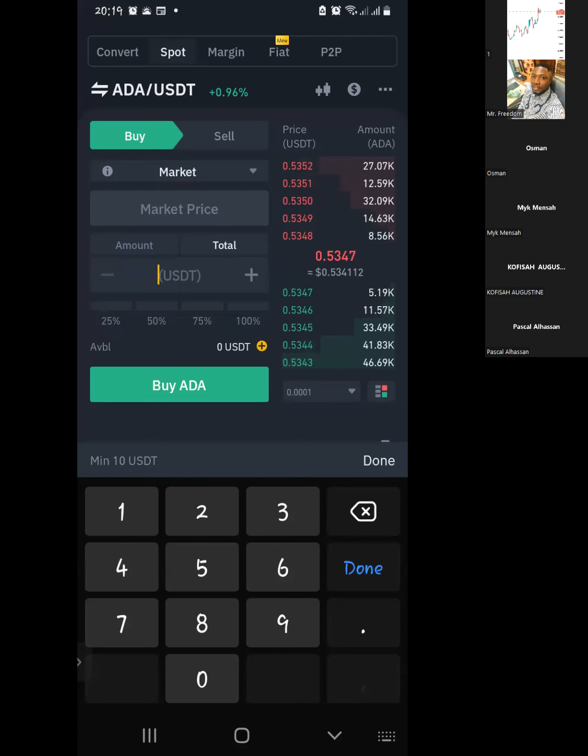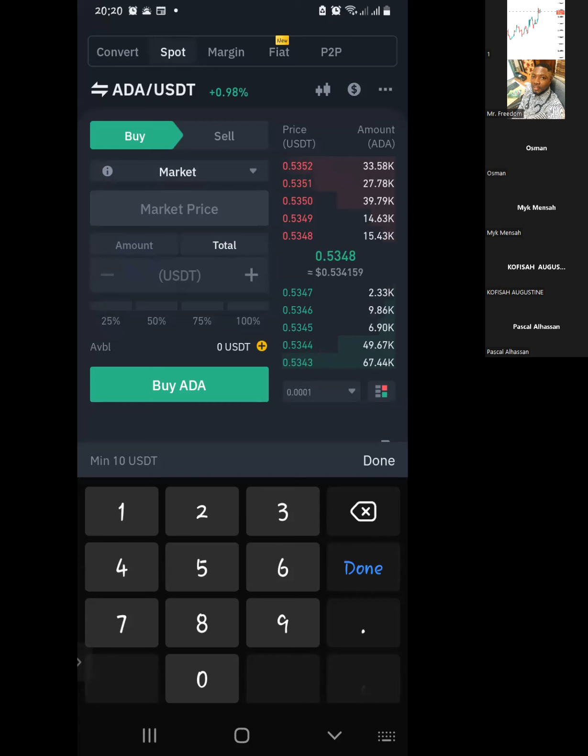If you have $1,000 and you want to trade with $500, that's 50% of your trading capital. You just click on 50% and they automatically calculate the amount for you. Then you click on your buy button, and because it's market, it will execute right away at the current market price.